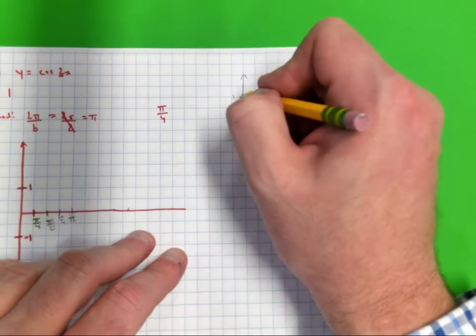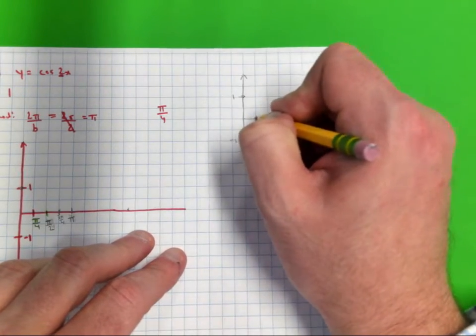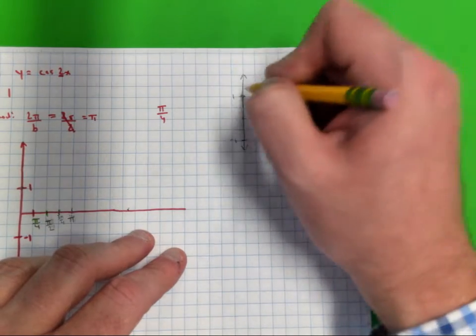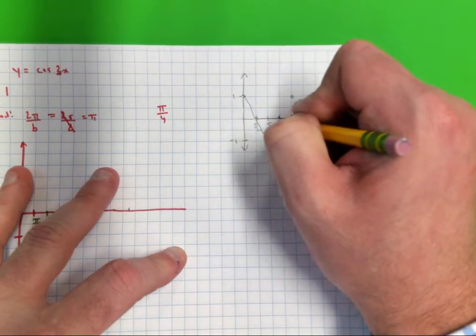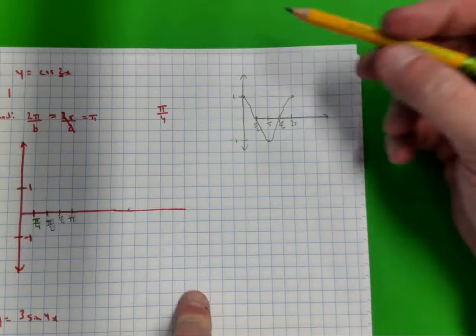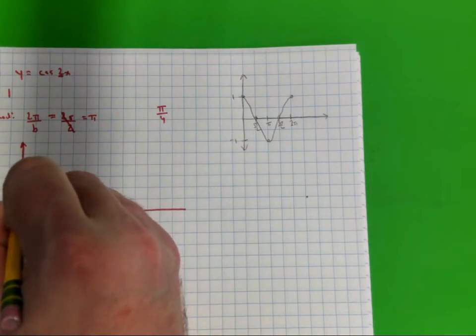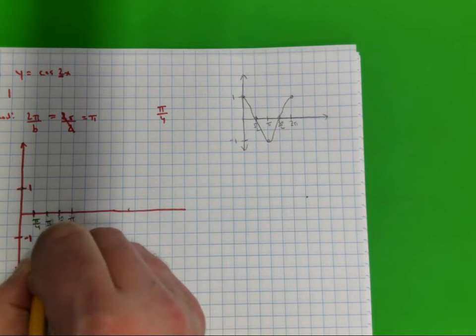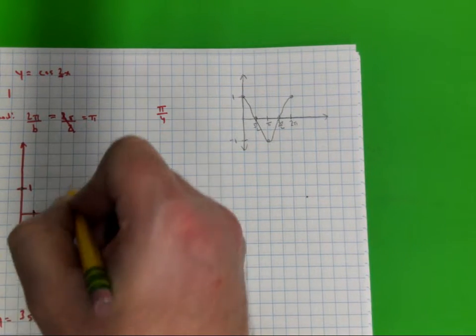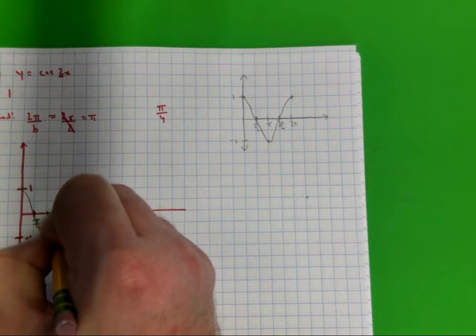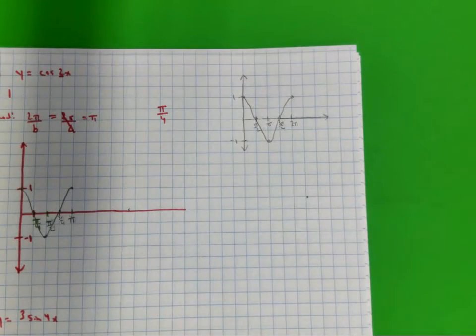Okay, and your cosine graph goes like this. That's your general shape of your cosine graph, okay? So you got to know that cosine starts up at amplitude no matter what it is. So right here is this. You come down here, here, here, and back up to here. And there you go. There's one cycle.